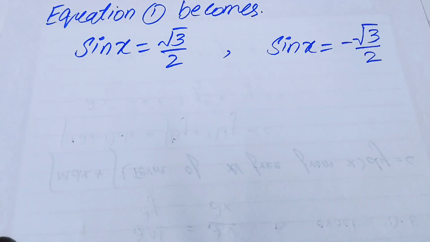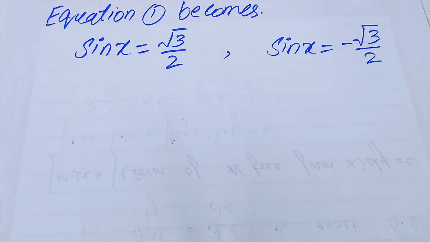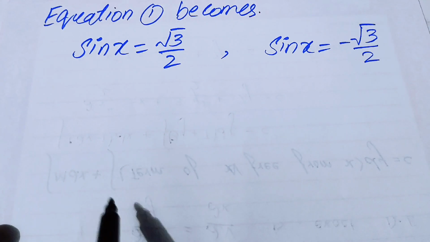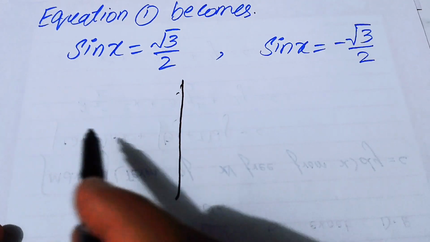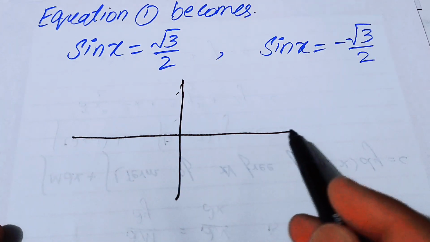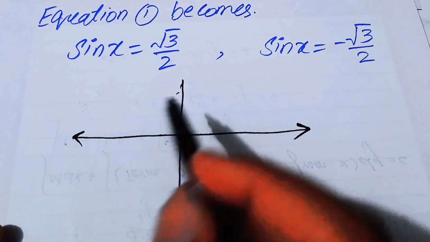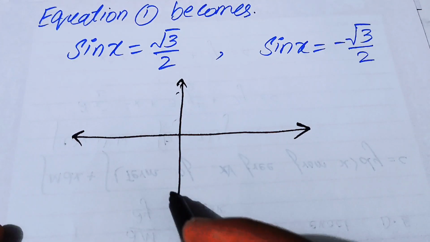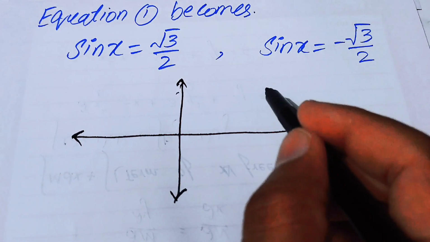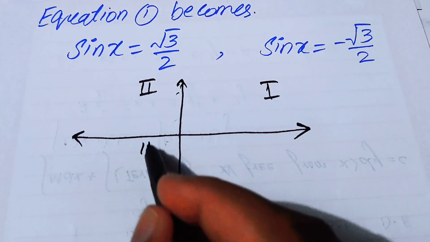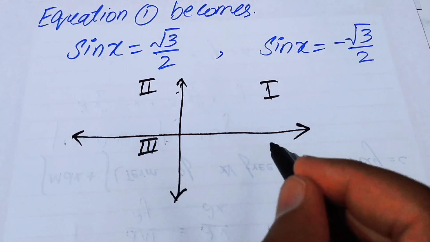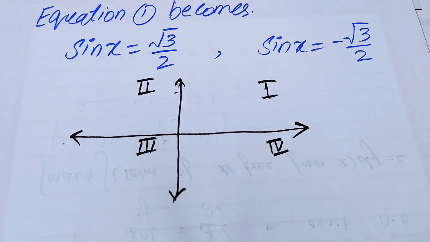Before I move on, I will explain some concepts of angles, so that you know about these quadrants. This xy system has 4 quadrants. This is the first quadrant, this is the second quadrant, this is the third quadrant, this is the fourth quadrant.